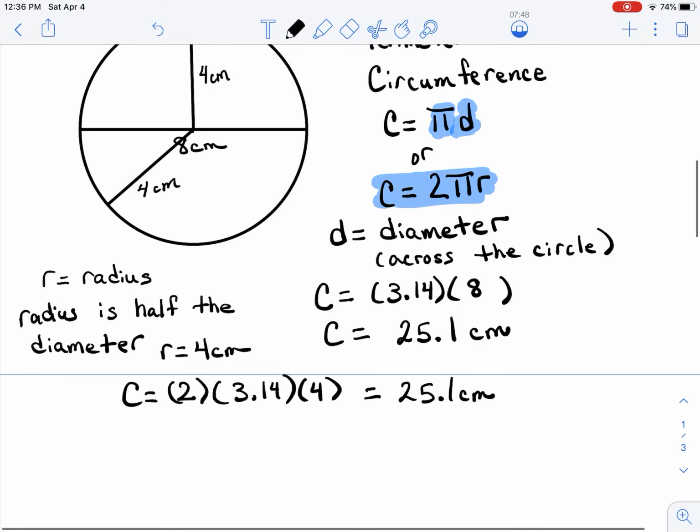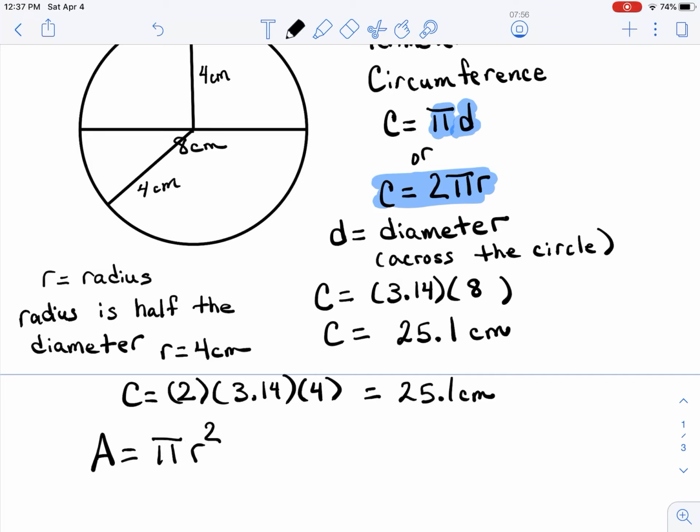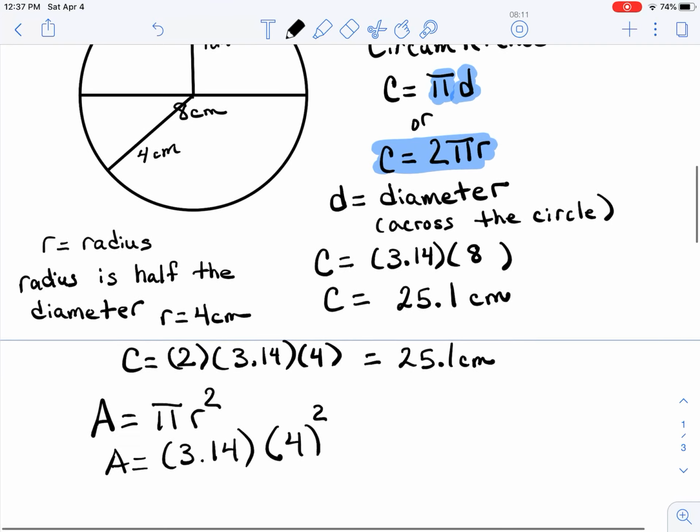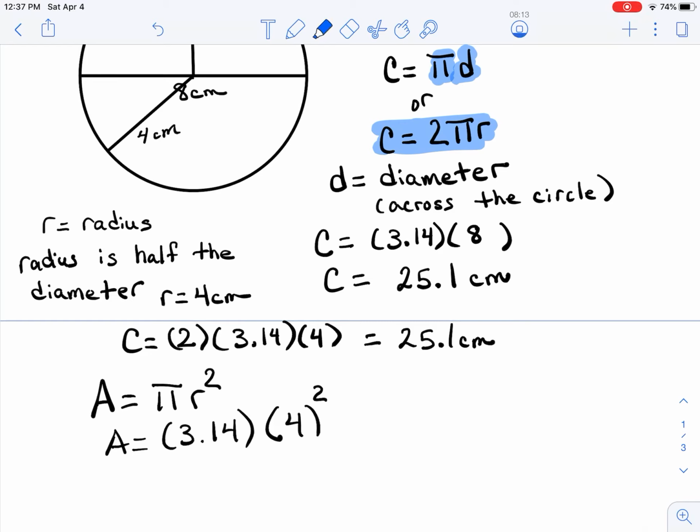And then the last one, I'm going to use that same circle, I want to review is formula for area of a circle. So that's going to be pi times radius to the exponent 2. So I'm going to use that same circle so we know we're going to use, for this example, 3.14 for pi, unless you have that pi button. And my radius 4. So the formula says the exponent 2, so I want to handle that 4 to the exponent 2 first.